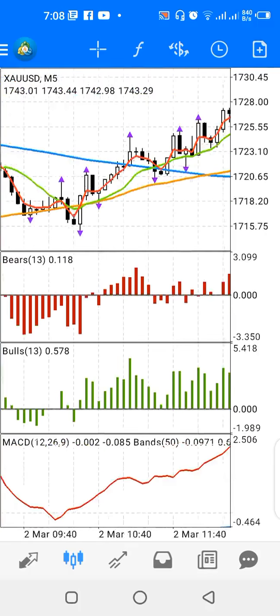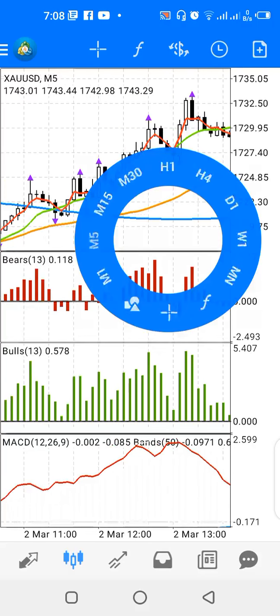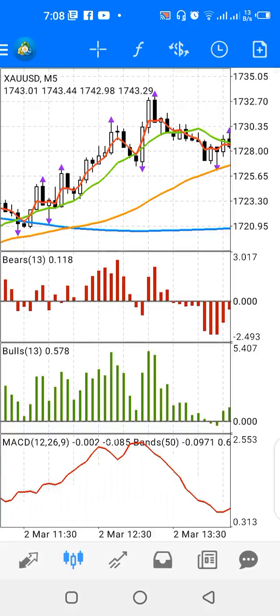But when they are all above, like they all crossed above around here, start to look for buying opportunities. You can use this strategy on any time frame, but here you're on the 5 minute time frame for gold. So just scalp a few pips and then wait for another opportunity.